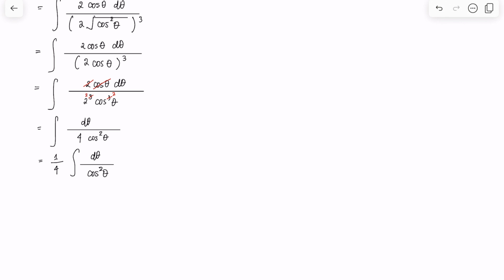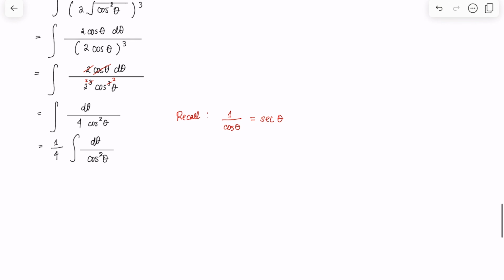Now, I'm hoping you can recall this one: 1 over cosine theta is actually secant theta. So that means our integral can be further re-expressed as the integral of secant squared theta d theta.